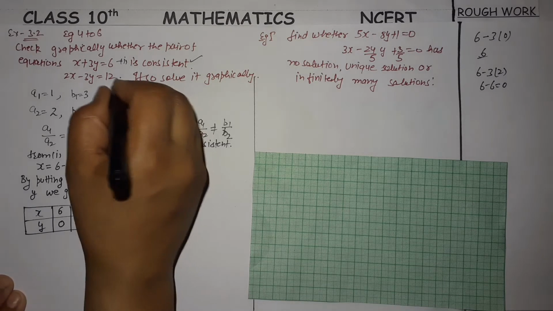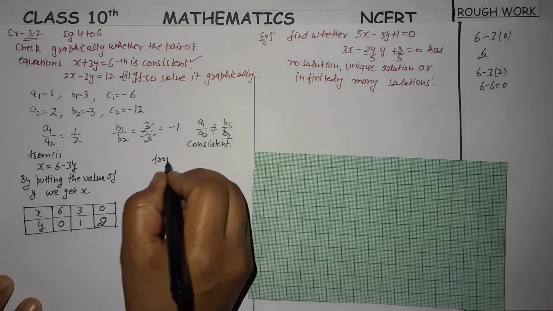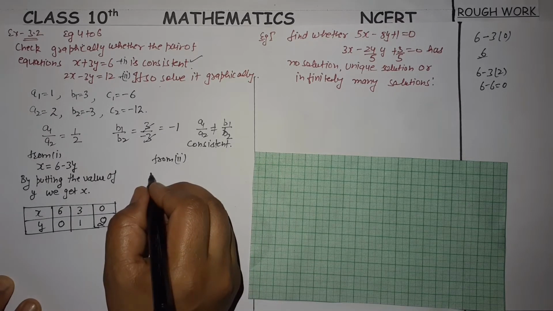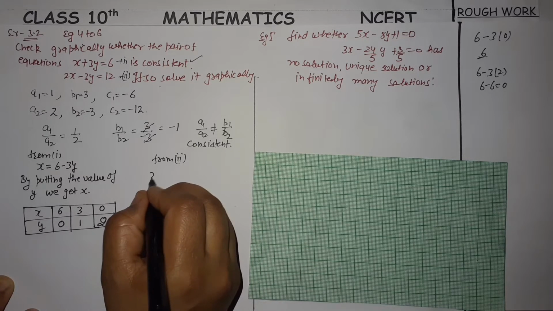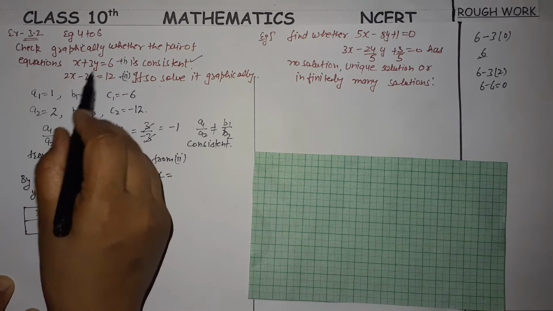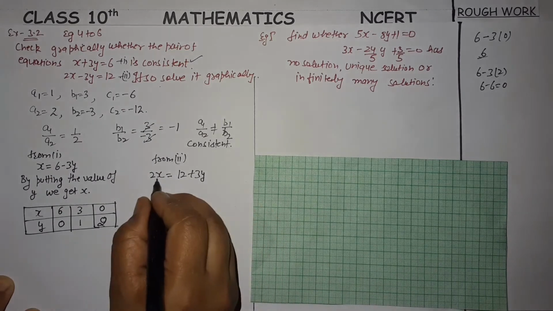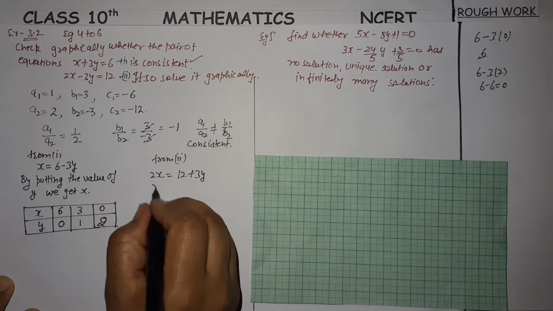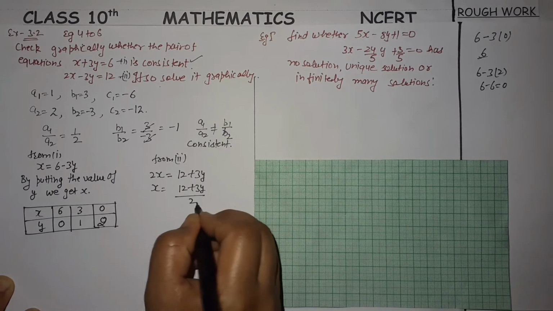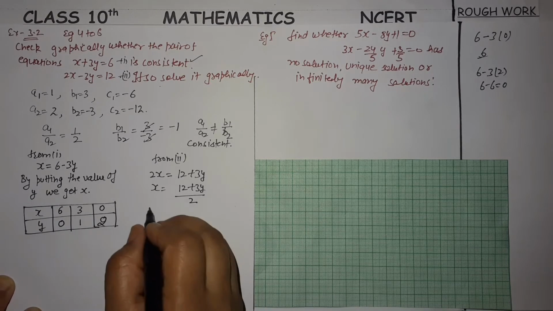Next, from equation 2, we will express x in terms of y. 2x equals 12 plus 3y. 2 is multiplied with x; change its side and it goes into division.